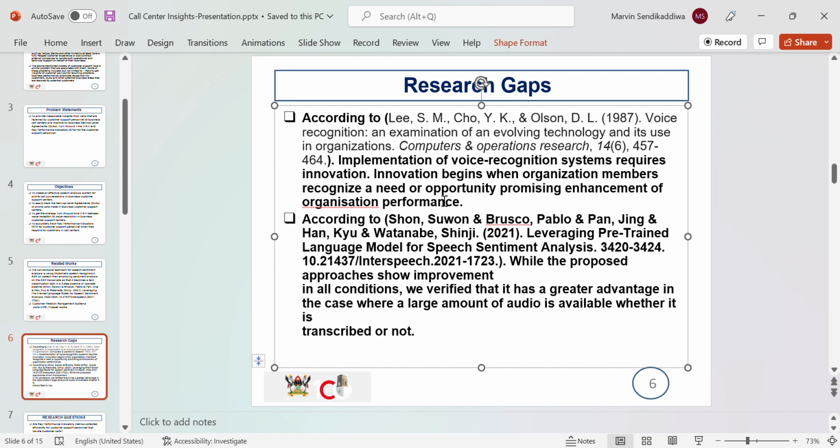Currently, speech is used by phones. For example, in Siri for iPhone, you can command it by saying something, or even Google Assistant or Alexa.